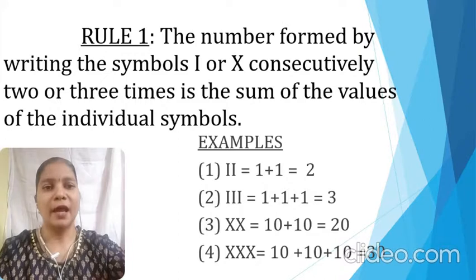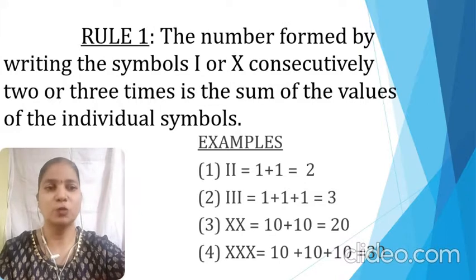If there are three I, that means 1 plus 1 plus 1 is equal to 3. X, first X value is 10, plus second X value is 10. 10 plus 10 is equal to 20.